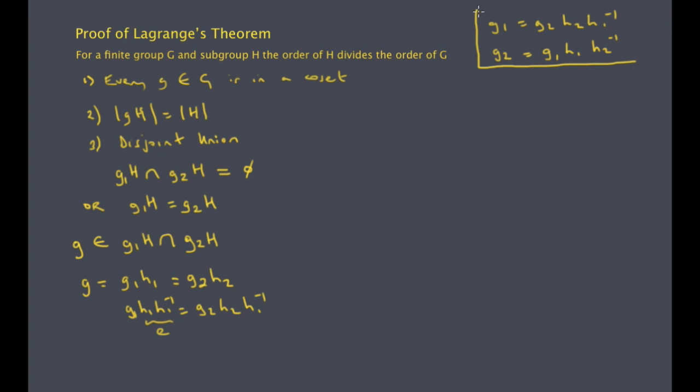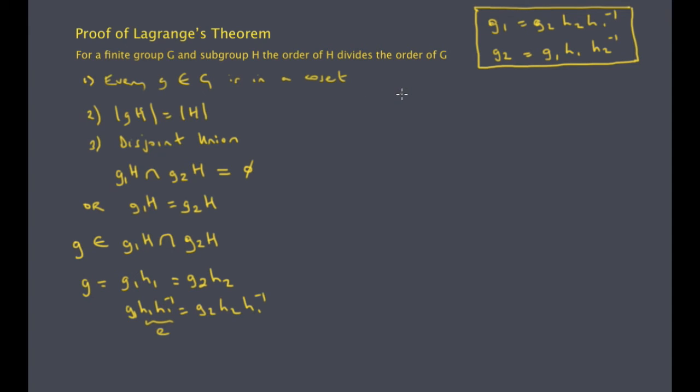So just to recap, what we're saying here is that if there is an element in both cosets, in other words the intersection of the cosets, this means that we can write g1 in terms of g2 and g2 in terms of g1. So now what we need to consider is how this affects any element that's in one of the cosets.